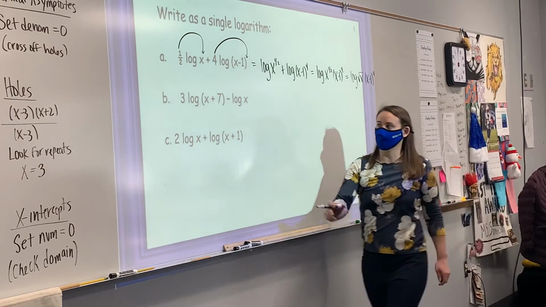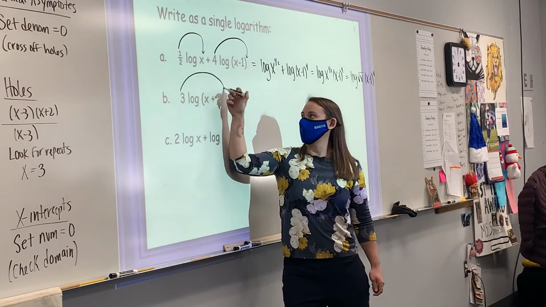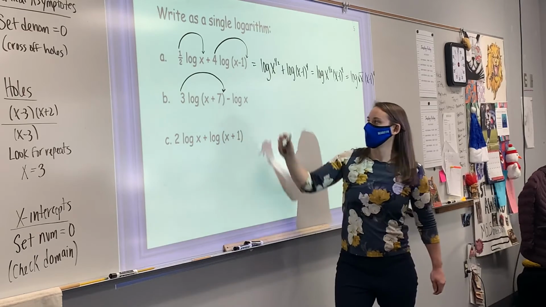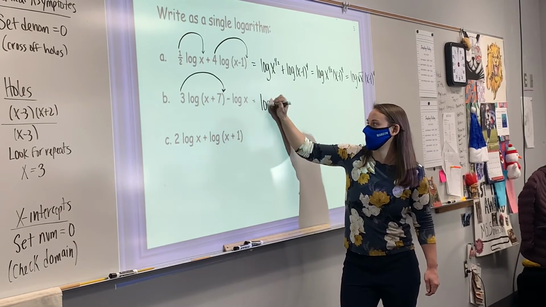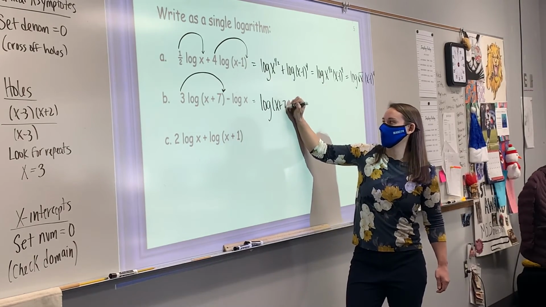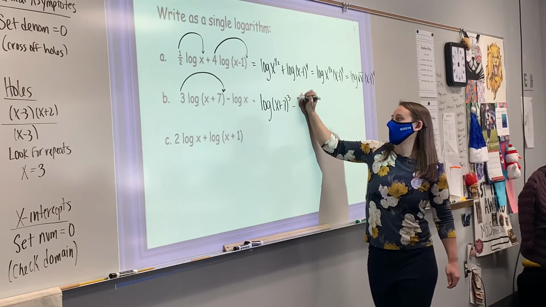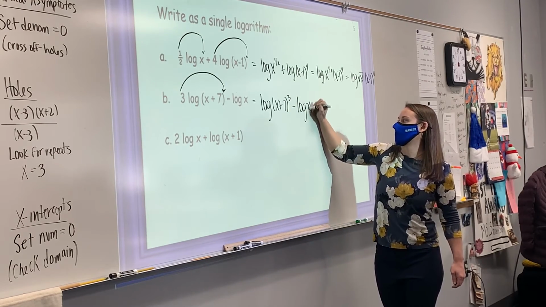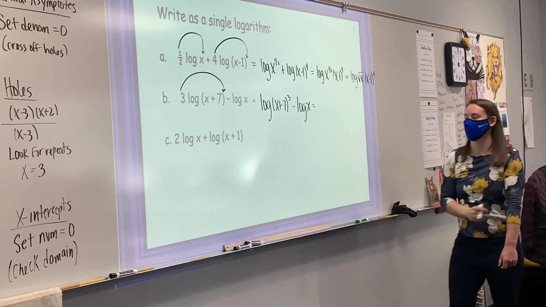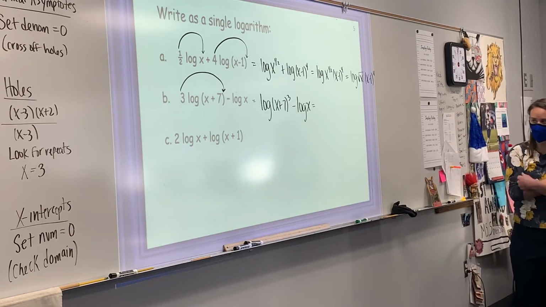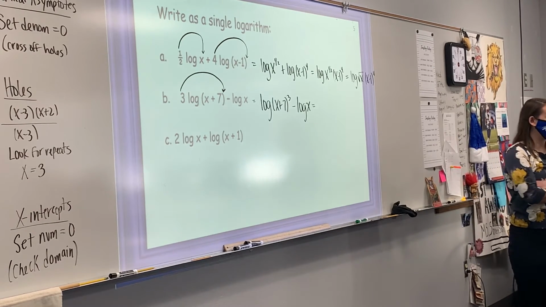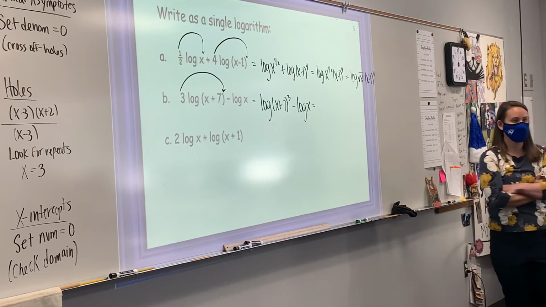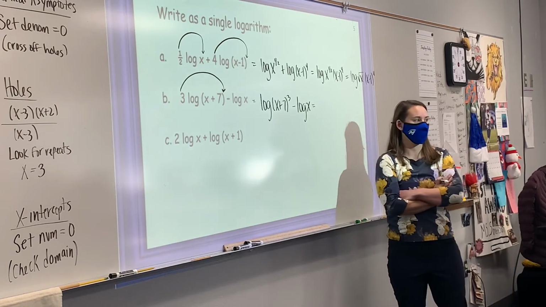All right, this one here, I can take this 3 and I can bring it upstairs. So this is going to be a log of x plus 7 cubed minus log of x. So all I've done is bring the exponent up. Now what does subtraction become?